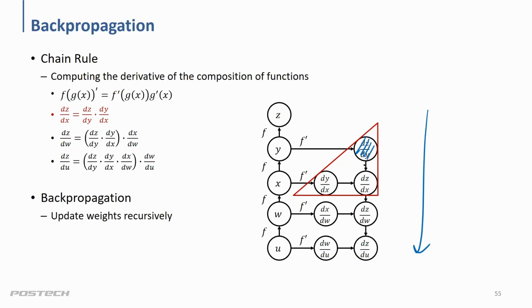I need to compute this, and I need to compute this, but this one is just multiplication, and this one is just multiplication of these two, and this one is just multiplication. You see that? So if you're doing the back propagation for each layer, the only thing is that you just compute one partial derivative and multiply with the value you already computed in this layer.